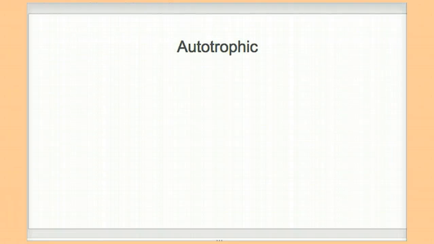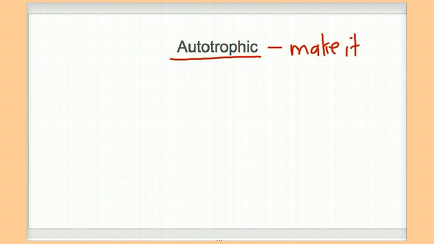Since plants have the ability to make their own food, they are called autotrophic organisms. An autotrophic organism is an organism that can make or synthesize its own food. Example, plants.